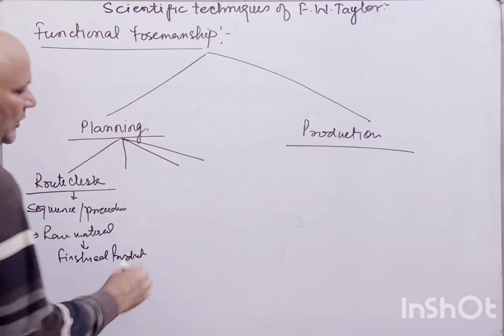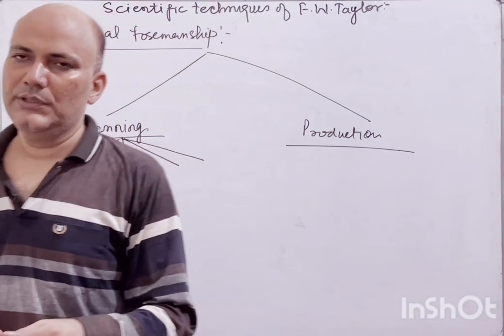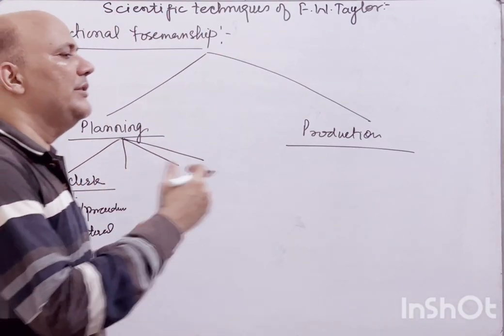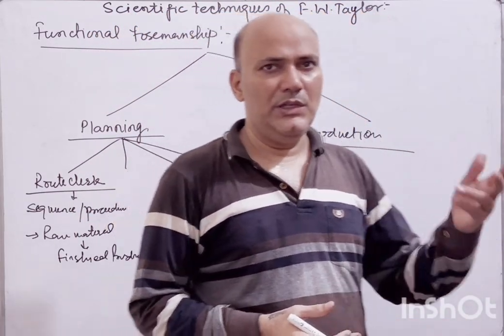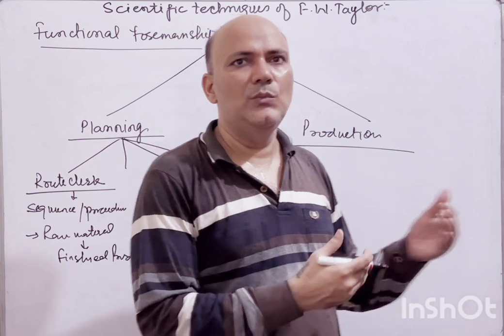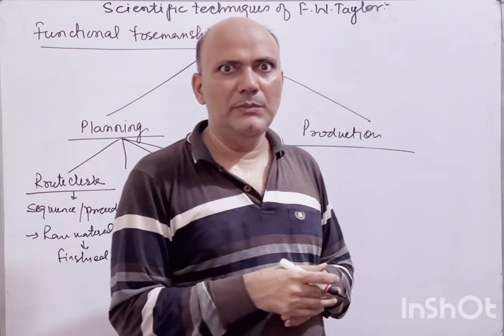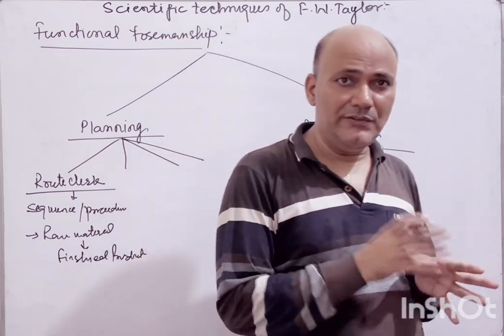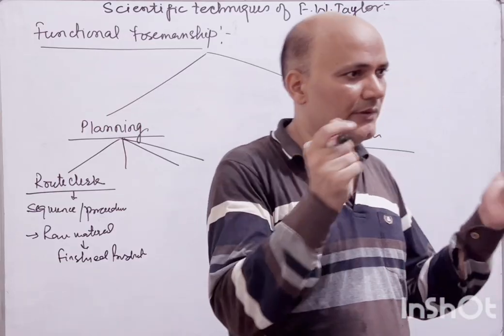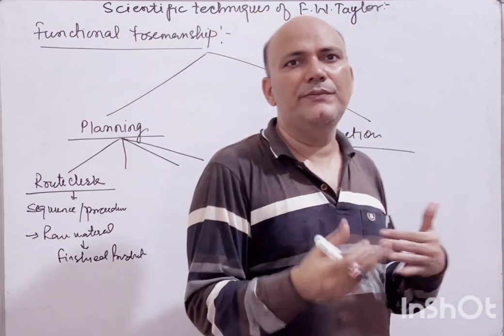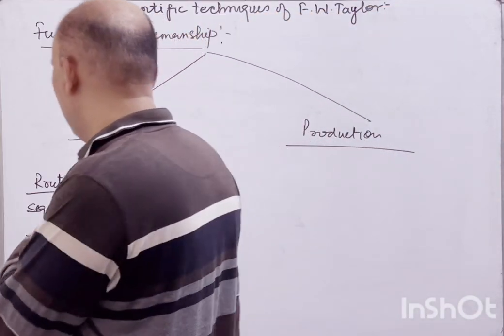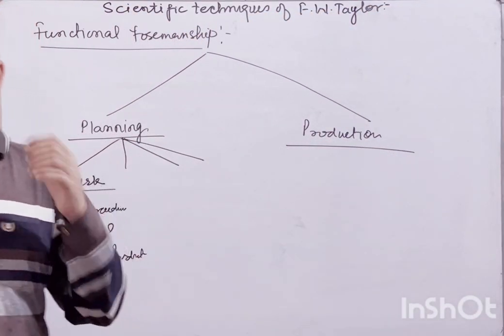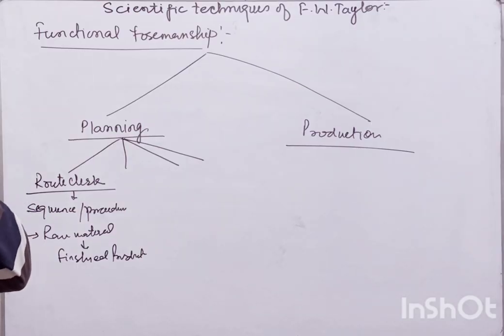So he decides the sequence of work. Let's say you are manufacturing a car: first the engine will be fit, or first the tire, or first the steering, or first the color will be done. So what is the first thing, what is the next thing? He decides the sequence. That is why he is called route clerk. So the route clerk is the first person who gives you the direction.